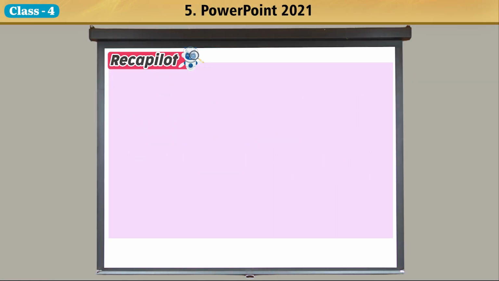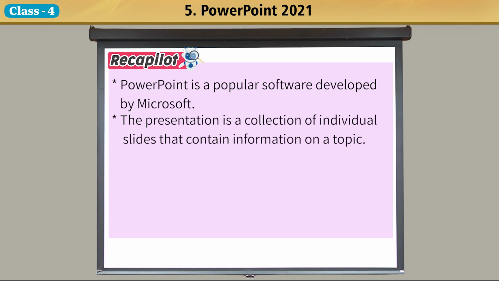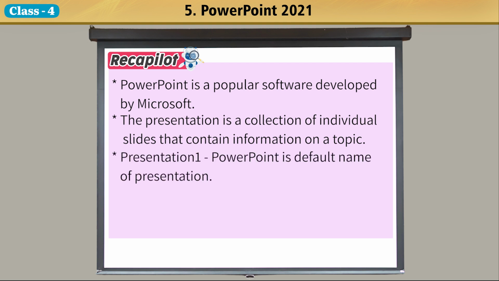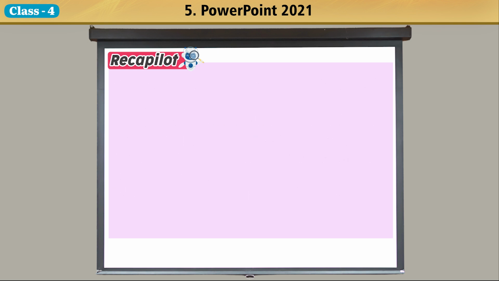Recap. PowerPoint is a popular software developed by Microsoft. The presentation is a collection of individual slides that contain information on a topic. Presentation 1 is the default name of presentation. We can add any number of slides as per the requirement.